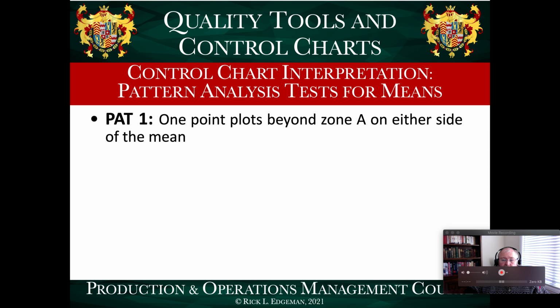Before I describe pattern 1 again, let me just say that these patterns are patterns of unusual behavior if in fact there has been no change in the ordinary process behavior. What do I mean by unusual behavior?